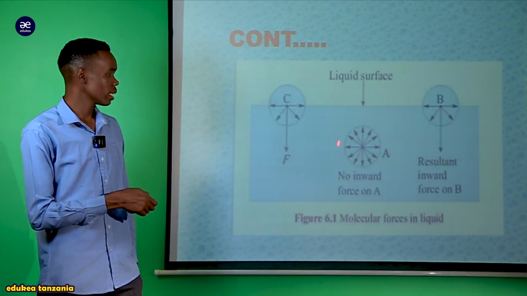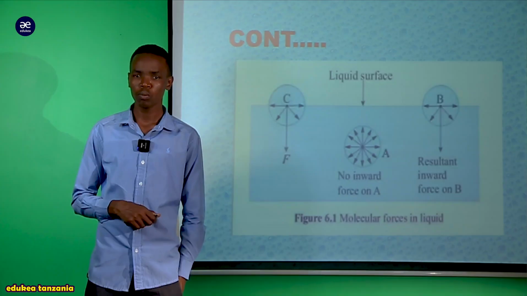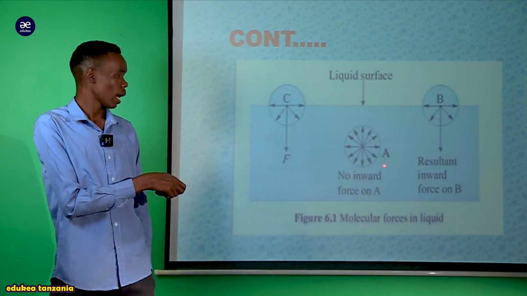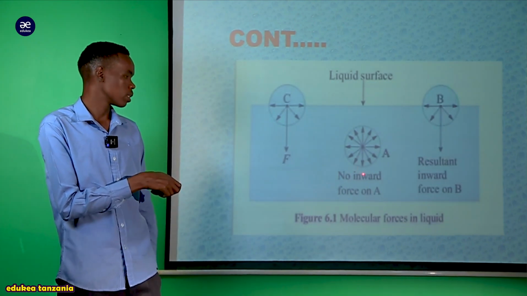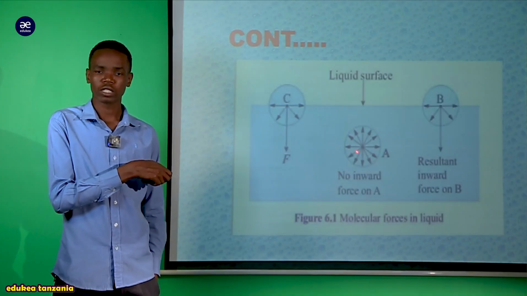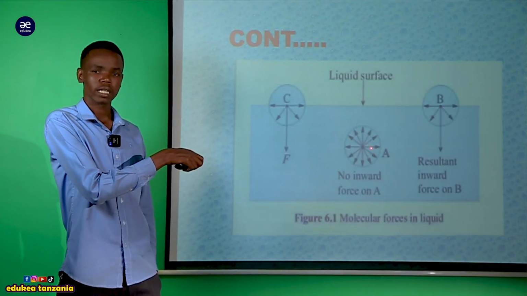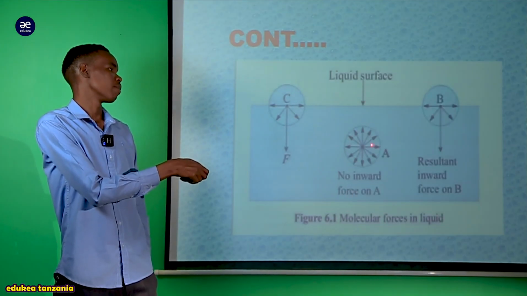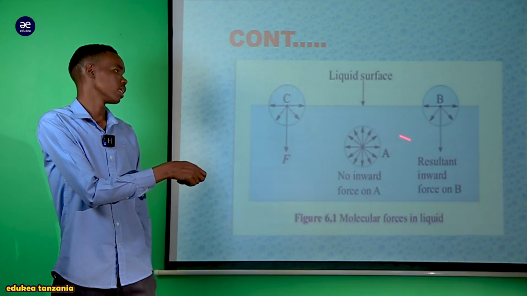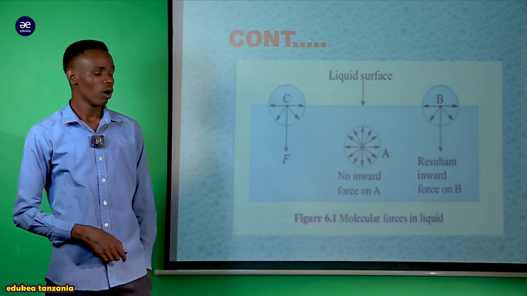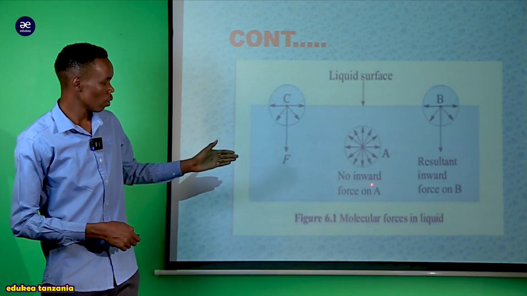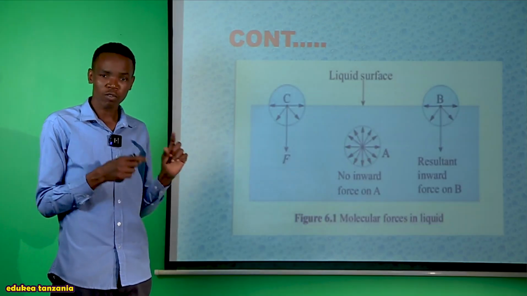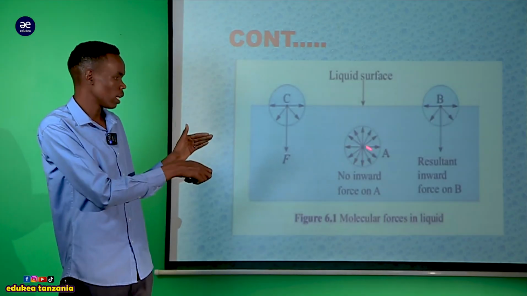As we see, let us look at the first rain drop, which is labeled by the letter A here. Inside this rain drop, we have the intermolecular forces that exert from the center of that rain drop. Tuna hizi molecular force ambazo zimekaa kwenye hii rain drops, lakini nakwambia kwamba no inward forces on A, because here there is equal force. Kuna force nyingi ambazo zimeexert kwenye hii rain drop.